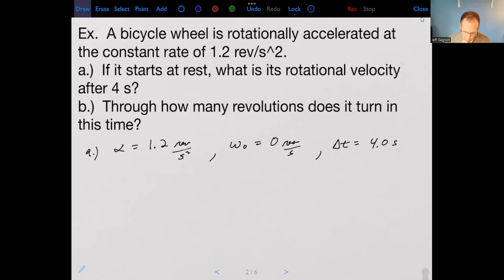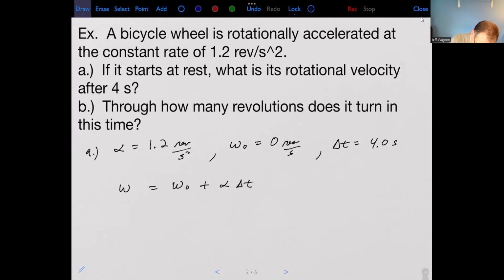Okay, so I want to find the rotational velocity after 4 seconds. So I really want to find the final rotational velocity. Using this equation, omega, the final angular velocity, is equal to the initial angular velocity plus alpha delta t.